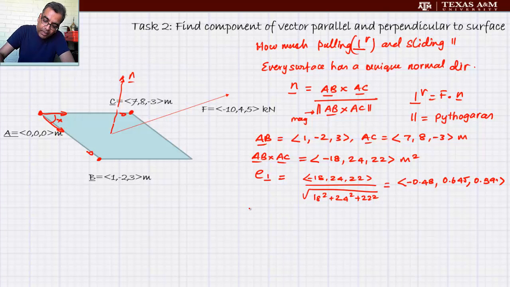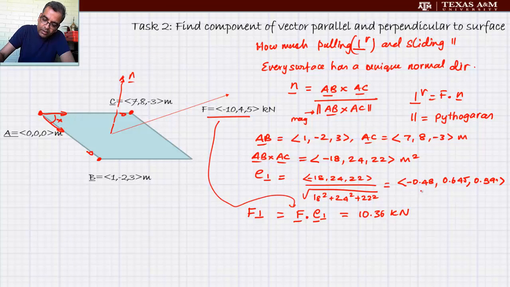Now I can find F perpendicular equals F dot E perpendicular. I'm not going to waste your time doing dot products and all of that. You should know how to do this. This is 10.36 kilonewtons. Here is F. Take that, plug it in here.